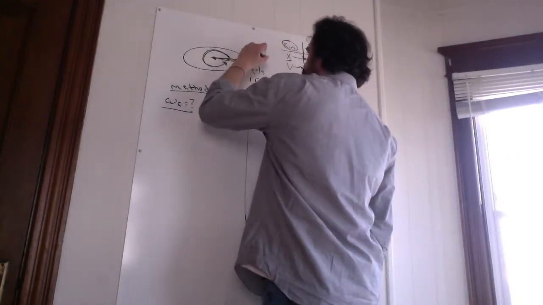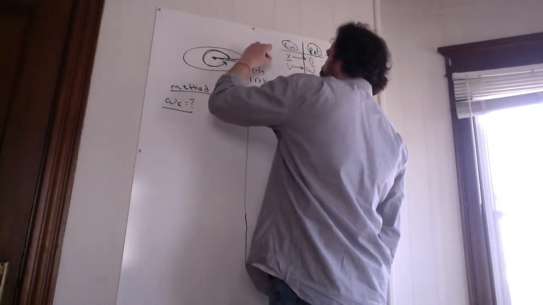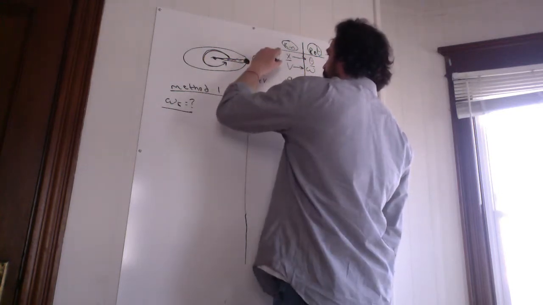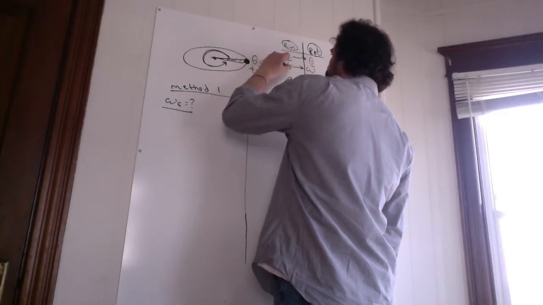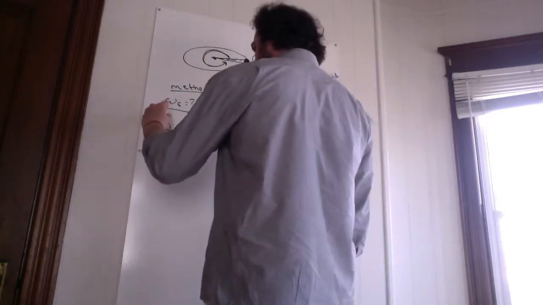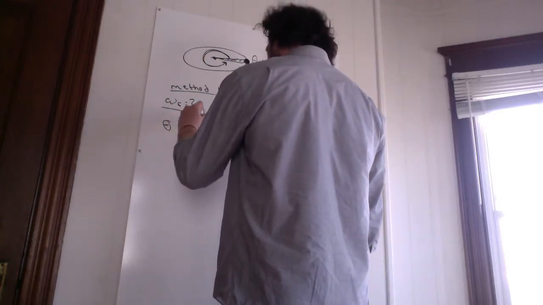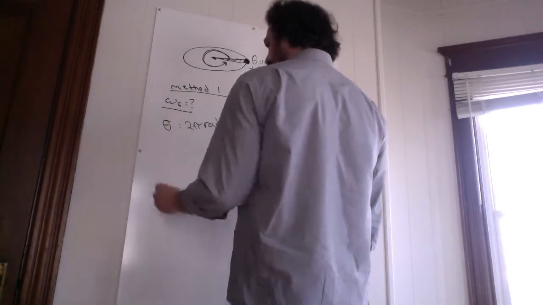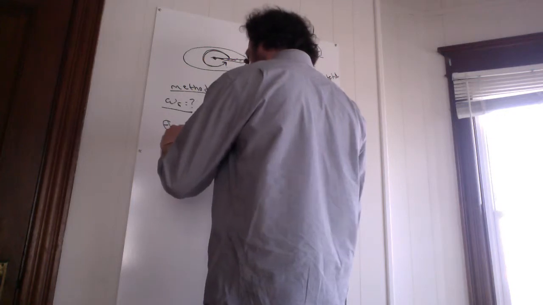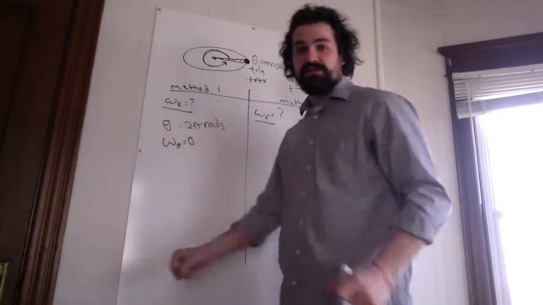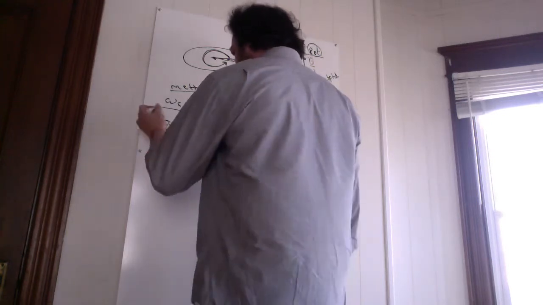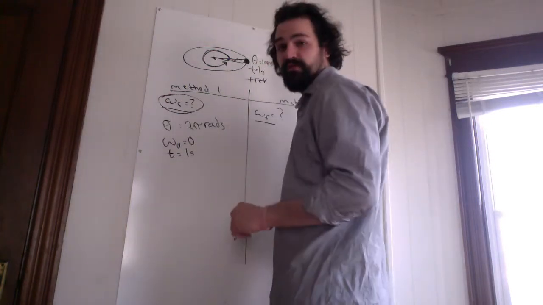So theta is equal to 1 revolution, and if we multiply that by a conversion factor, it's equal to 2 pi radians. So we know theta equals 2 pi radians. We know the initial angular velocity is equal to 0 because he's starting from rest. We know the time period is equal to 1 second, and of course we want to find final angular velocity.